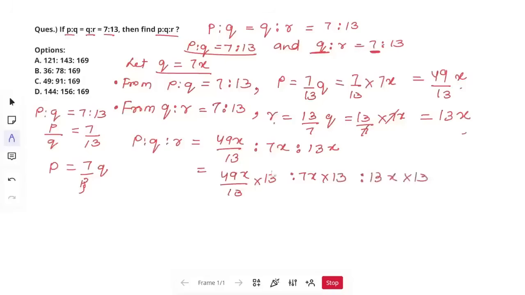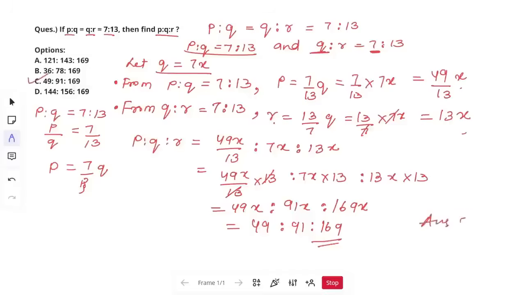The 13 cancels for the first, so this will be 49x, then 13 into 7x is 91x, and 13 into 13x is 169x. Removing x from everywhere, we get the final ratio as 49 is to 91 is to 169, which is our option number C. That is why the correct answer for this question is option C.